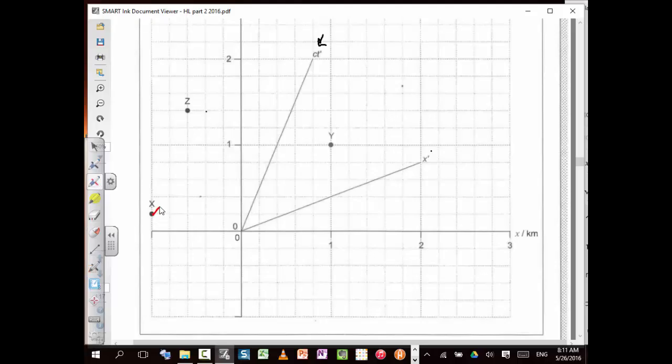So this photon here will cross his axis there. This photon here will cross his time axis up here. So definitely X occurs before Y, and Z will cross there.